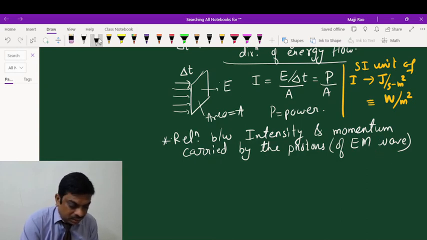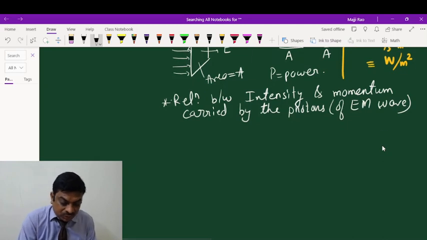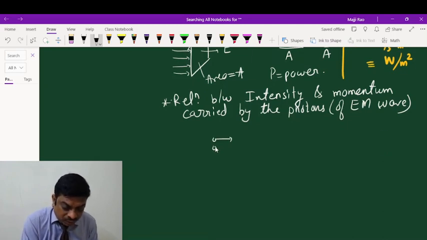Okay, students. Right. Now here you see, suppose electromagnetic waves are crossing this way. And for now, let us take the area perpendicular to the direction of flow.